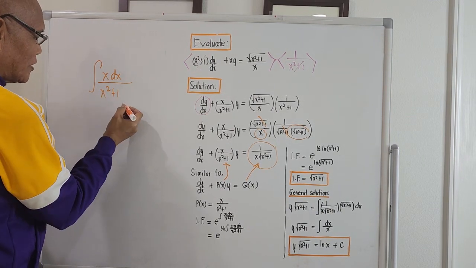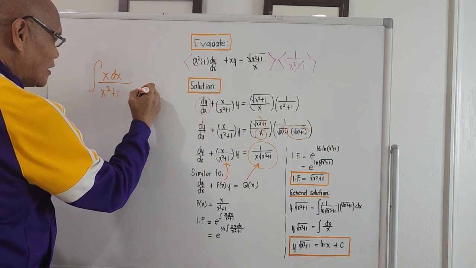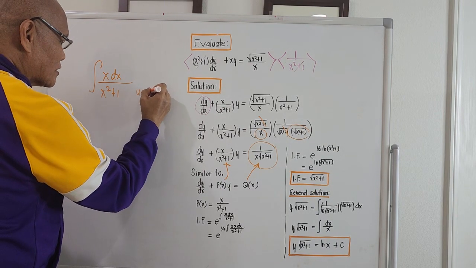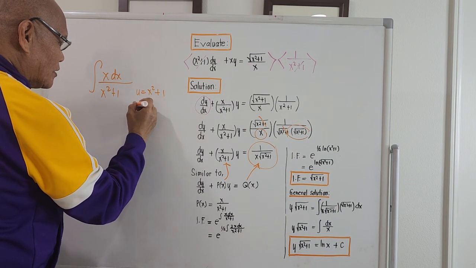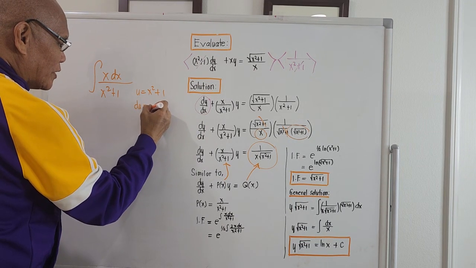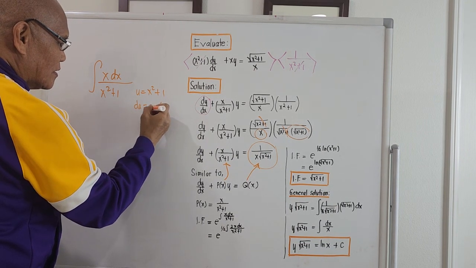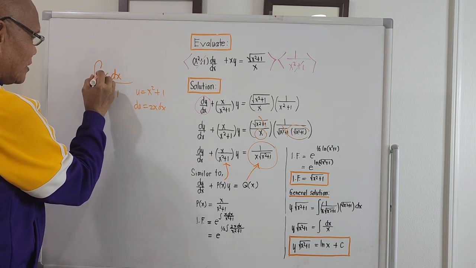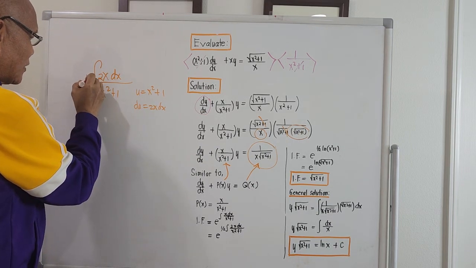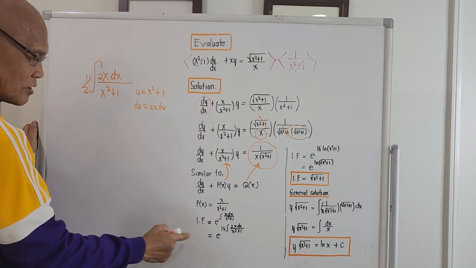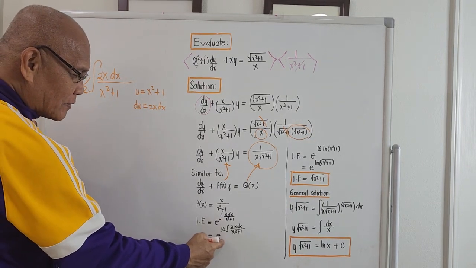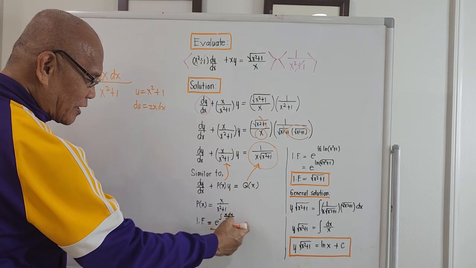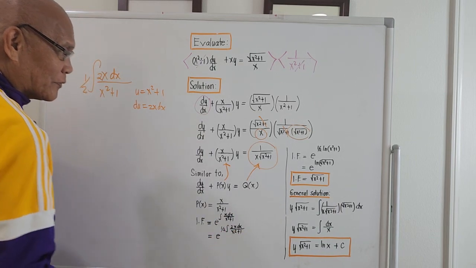Okay, this falls under natural logarithm where the value of u is x squared plus 1 and du will be 2x dx plus 0. So we lack the value 2 here, so we place 1 half. So this is now 1 half the integral of 2x dx over x squared plus 1.